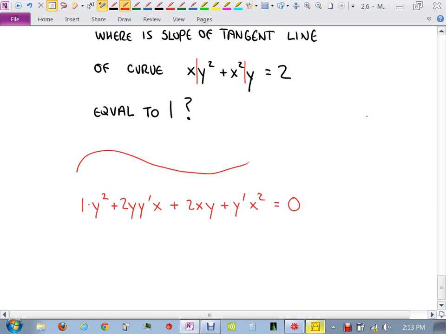That's a great question. I'm glad you asked. Y prime, unless otherwise told, means dy dx. Okay, it's going to be what it's always been from the beginning. Unless you're told to differentiate with respect to some other variable, always assume it's dy dx.